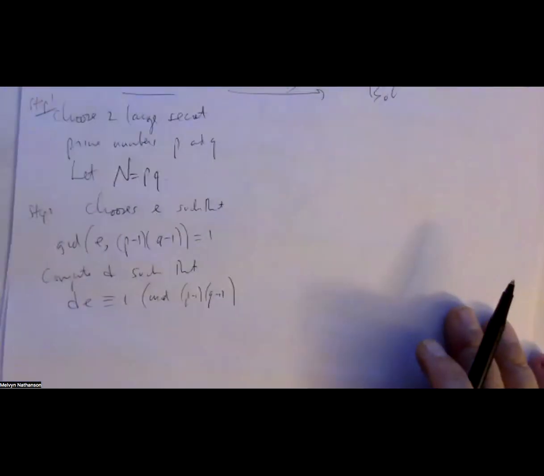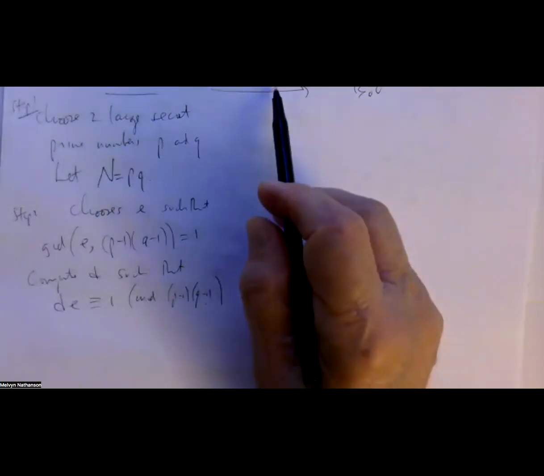This is very important. This is one reason why this was a question on the midterm exam. If a number E is relatively prime to a modulus, it has a multiplicative inverse. E is relatively prime to (P minus 1)(Q minus 1), which is how you chose E. So you can find a D such that DE is congruent to 1 modulo (P minus 1)(Q minus 1).